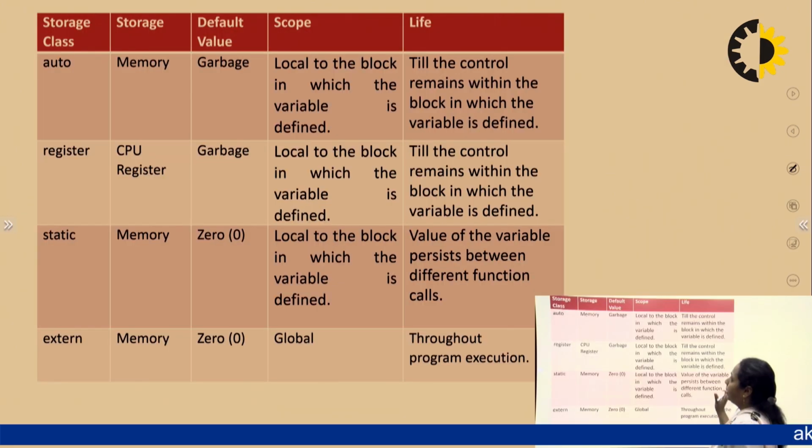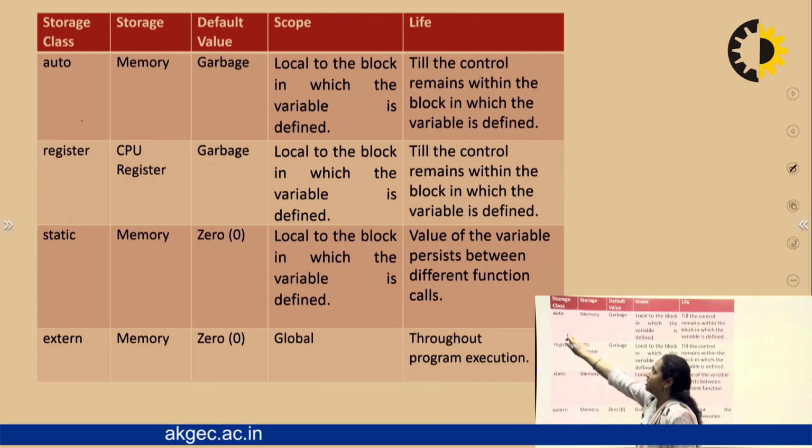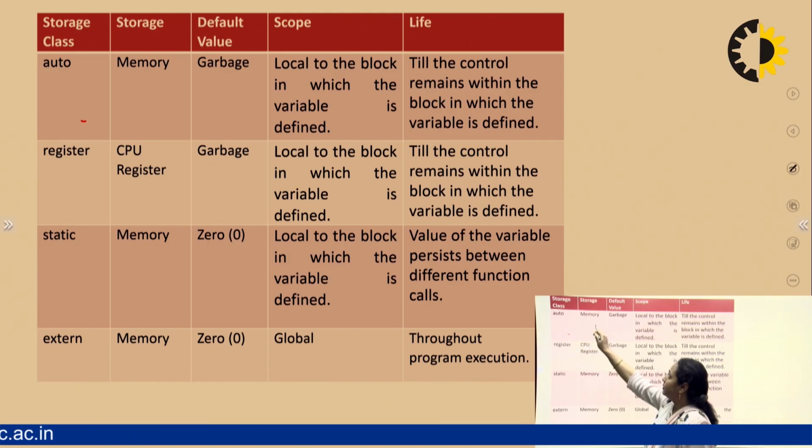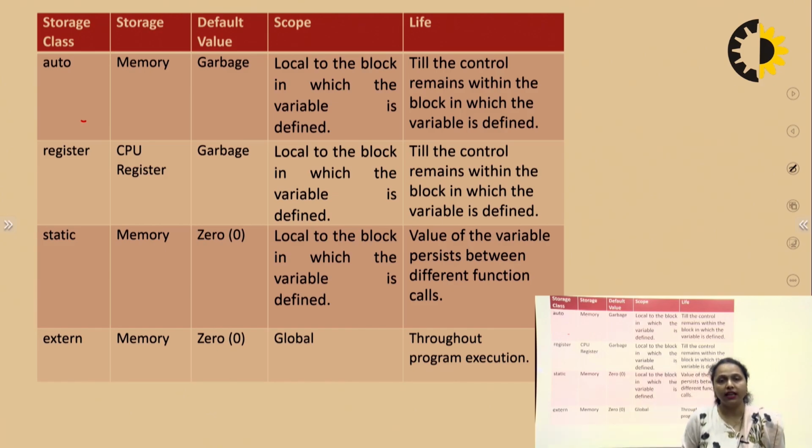Now, based upon all the 4 factors which are responsible for why we are studying storage classes, the 4 storage classes are defined with the help of this table. For the automatic storage class, the keyword used is auto, and the storage area given by the compiler is memory.